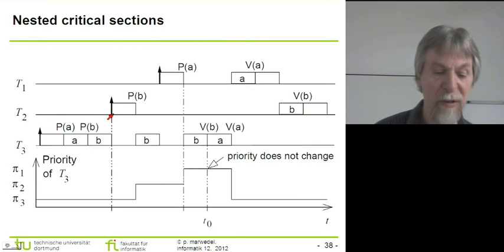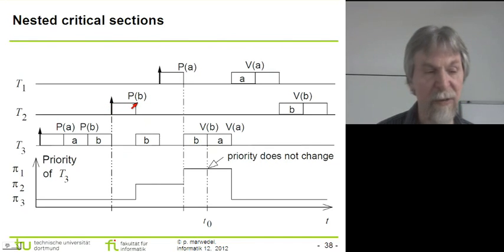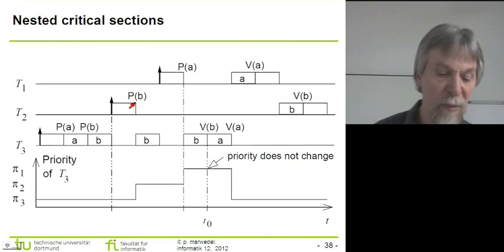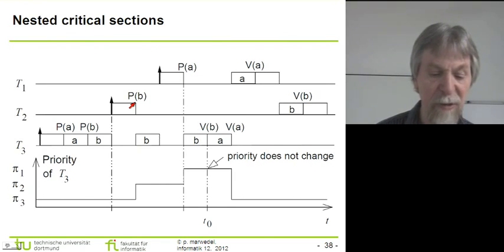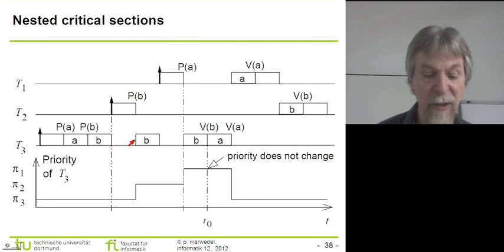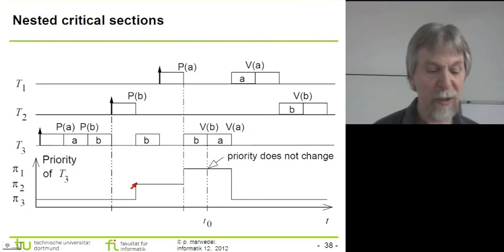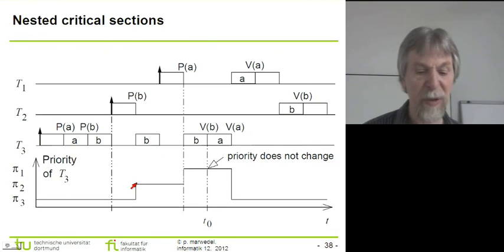Now we assume that there is a task T2, which initially is running outside any critical section, but then is also requesting mutually exclusive access to that resource, which cannot be granted, so therefore we now continue the execution of T3. And at this time we are raising the priority of T3 to that of task T2 because we are now blocking task T2.